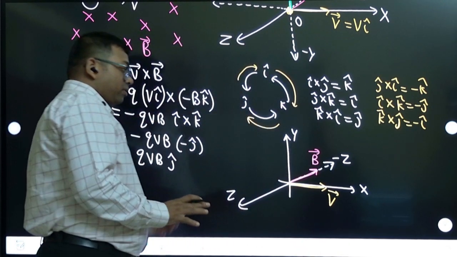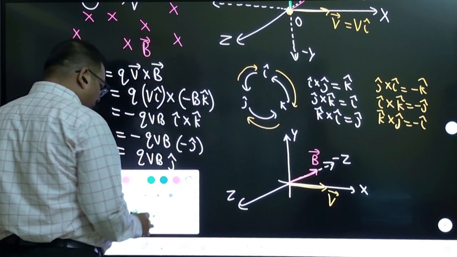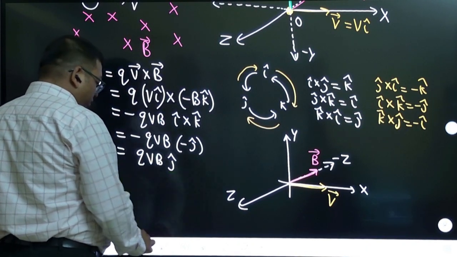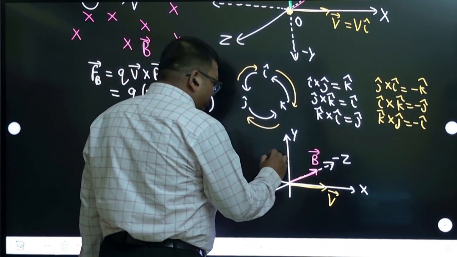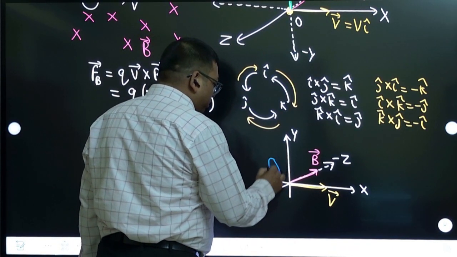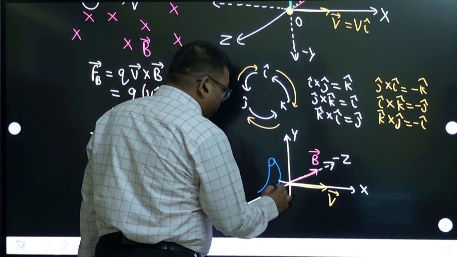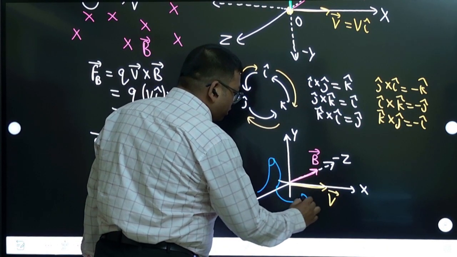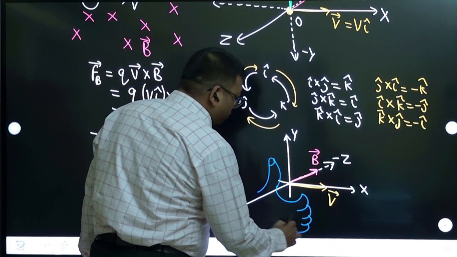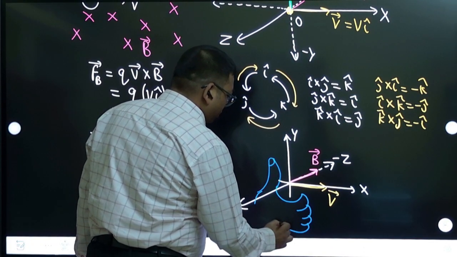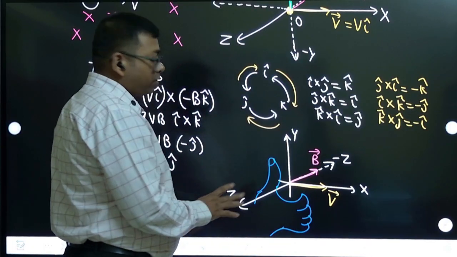Now let us take V cross B. I will draw a rough diagram to explain the V cross B direction. Using the right hand thumb rule, you curl your fingers in the direction from V to B.